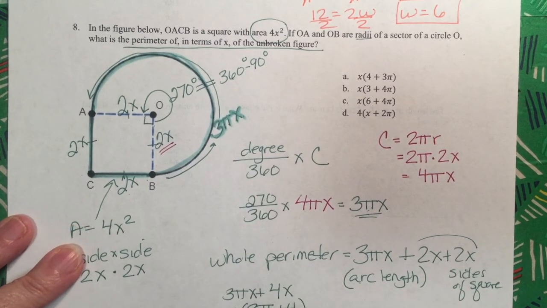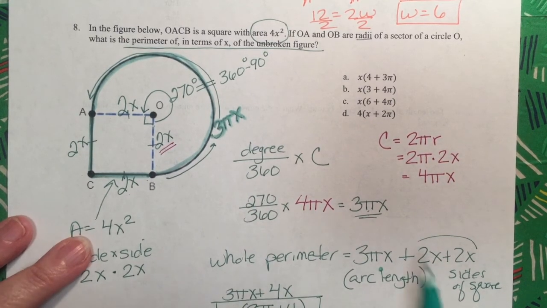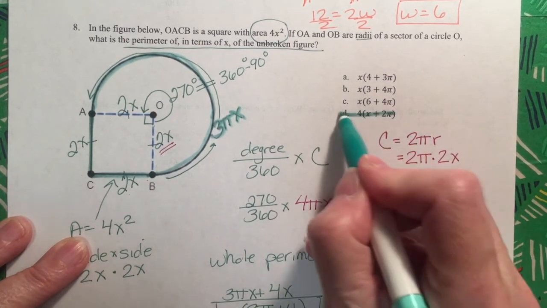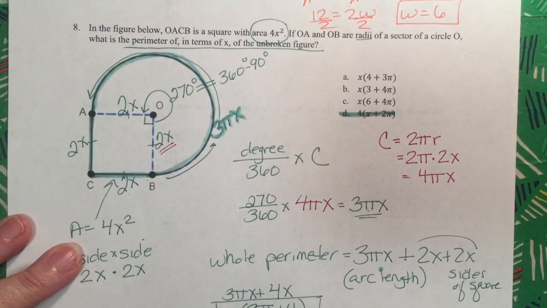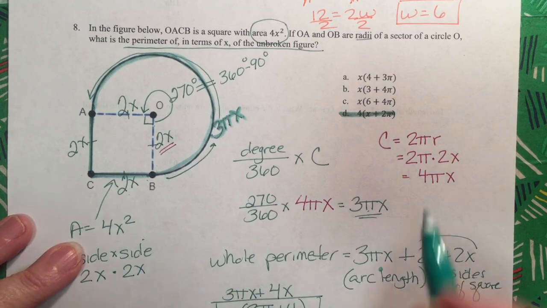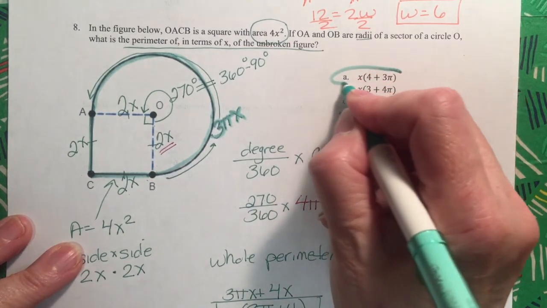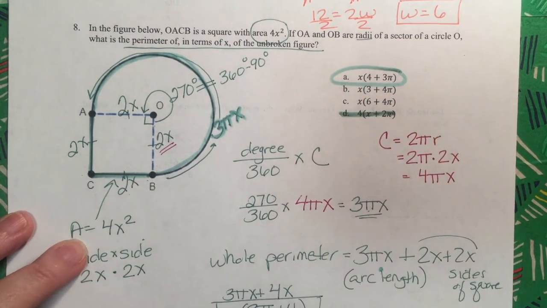So does that match any of our answers? So we need an x times, so it's not going to be that one. So these say x times something. We need a 3 pi and a 4. And it's going to be this first one. They just reversed those two numbers.